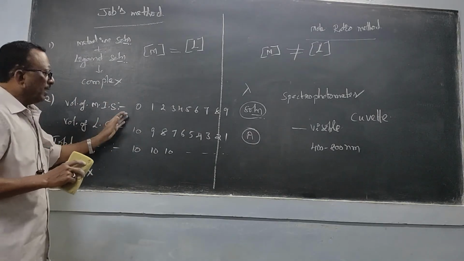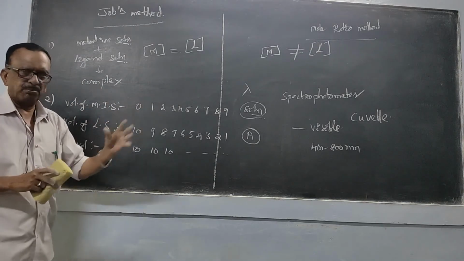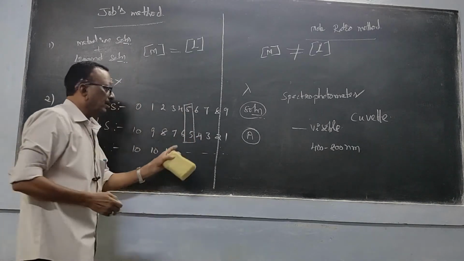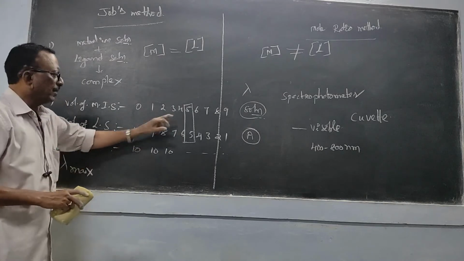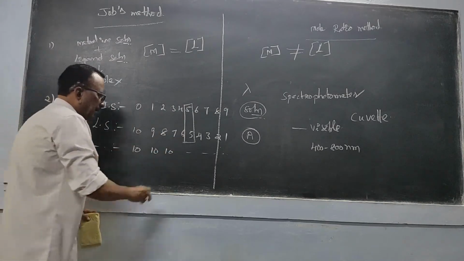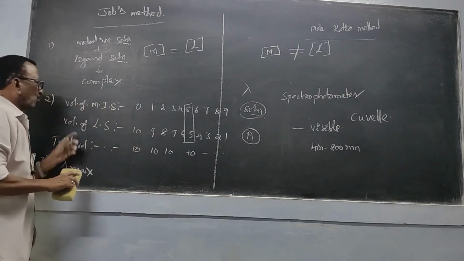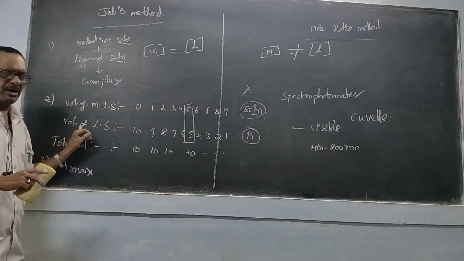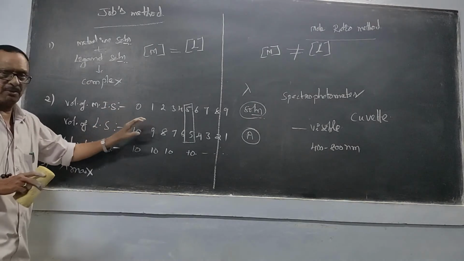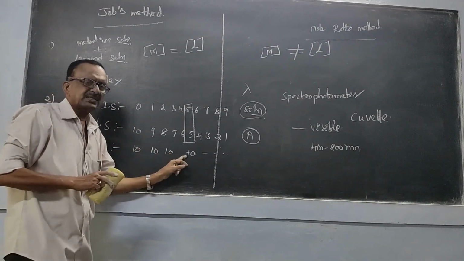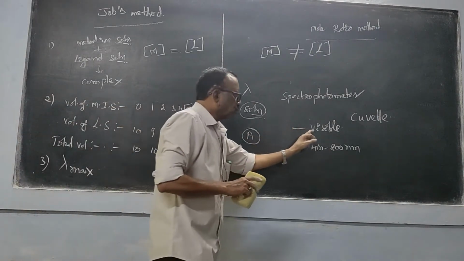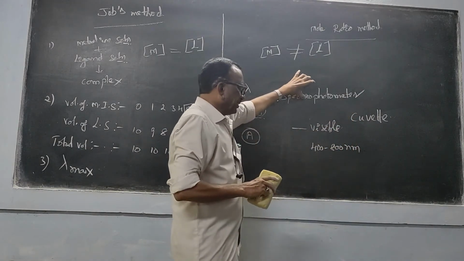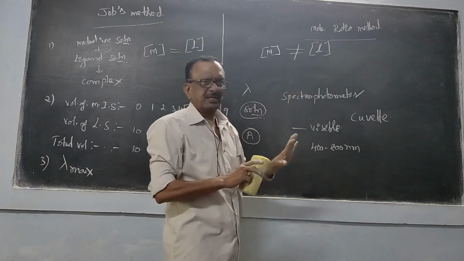Now let us select any one sample. For our convenience, I have taken 5 plus 5, that is 10. That means the volume of metal ion solution in that test tube is 5 ml, and the volume of ligand solution is also 5 ml, and we have taken this sample solution. That solution is added into the cuvette and kept in the spectrophotometer.